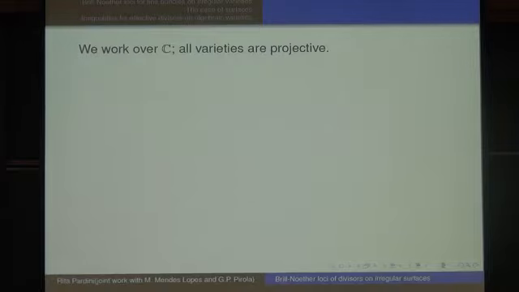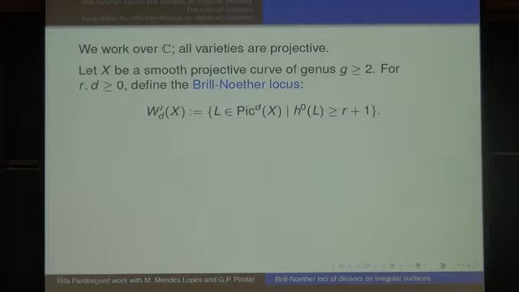So all the talk will be about complex varieties, and projective varieties also. And as I was saying, let me just give you a brief summary of the main facts of classical Brill-Noether theory. So we start with a curve, we could say of general type, of genus at least 2, and then you fix two non-negative integers, R and D, and define the corresponding Brill-Noether locus.